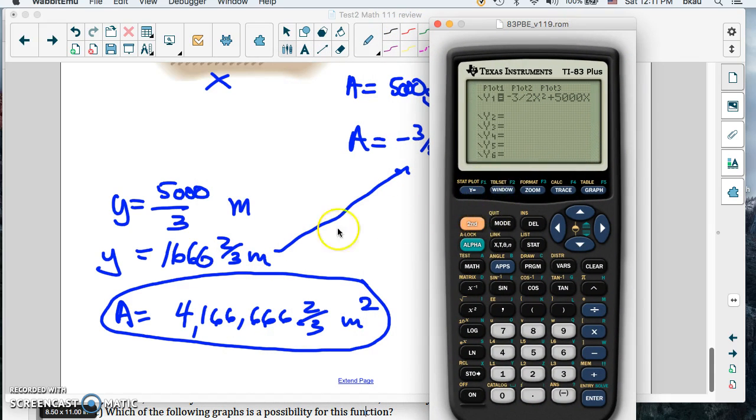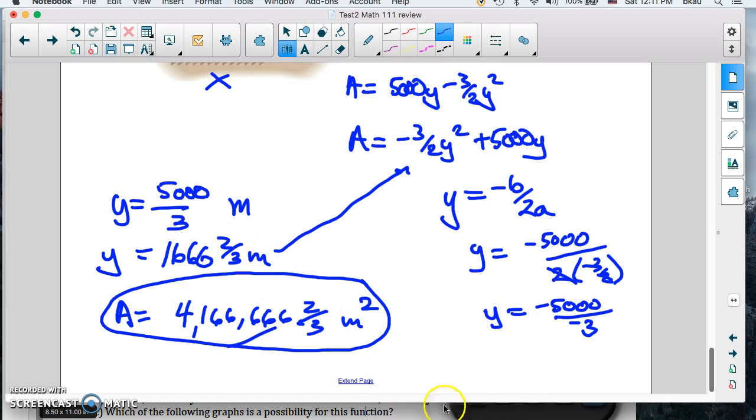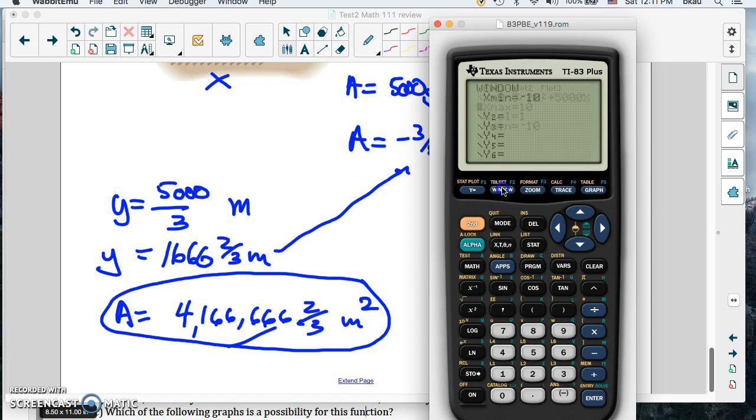We just have to make sure our window could see these values. If we want to verify, we make sure our window goes up to 16,000. So we'd have to make sure that this went up to 20,000 maybe. And I would want to count by more than 1. Okay, and then this one, we'd say it's 4 million, so it'd have to go up to at least 5 million.